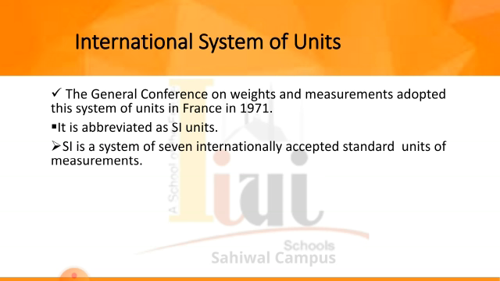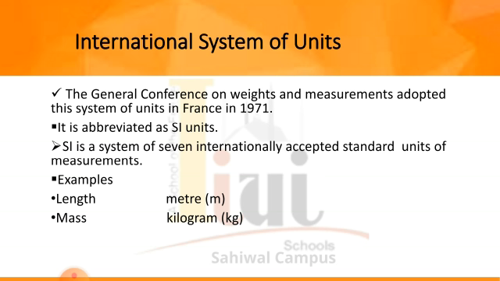For example, length has the unit meter, expressed by the small m. Mass has the unit kilogram, expressed as small k and g. Time is in seconds, expressed as s. Temperature is in Kelvin, small k.